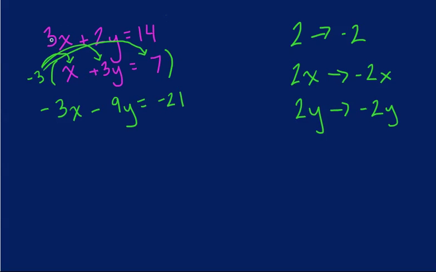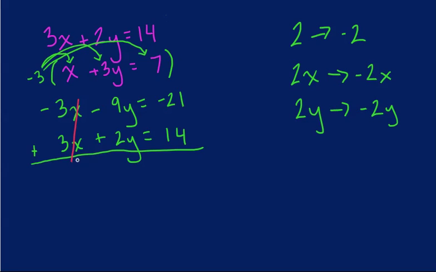Good. Then I'll take equation 1 and rewrite it down here. So I'll do 3x, and it doesn't matter which one's on top and which one's on the bottom, plus 2y equals 14. Great. Now, what the elimination method allows you to do is add down. So negative 3x and 3x actually cancel out. So these would just cancel right out.